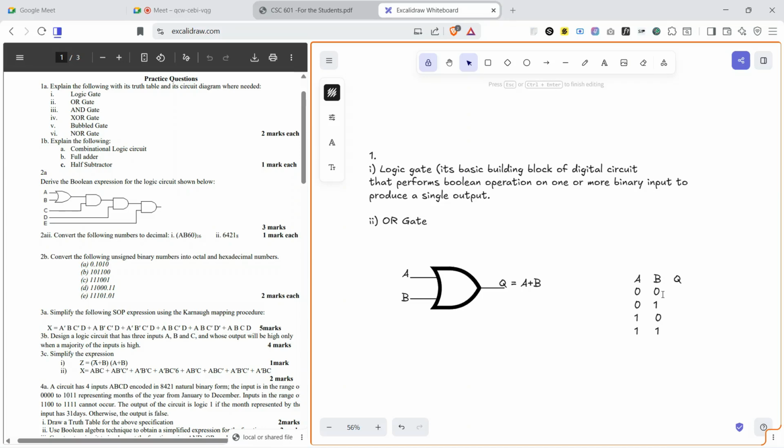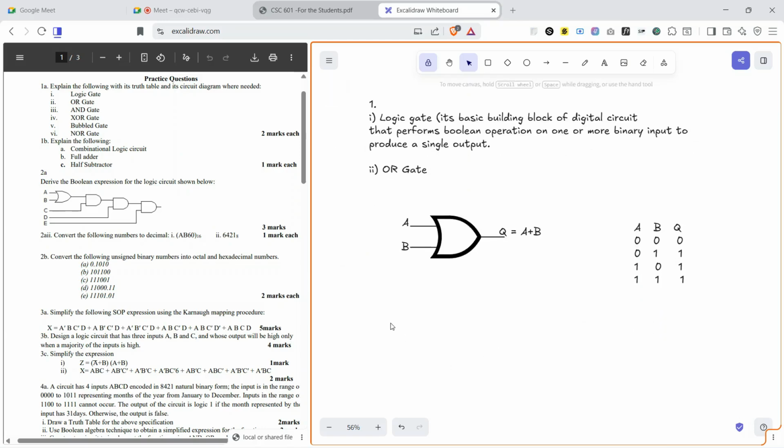For this, both are 0, so this is going to be a 0. You know, for OR gates, it only needs one of the inputs to be 1 before we have a 1. So one of them is 1, which is the B, so it's going to give a 1. This one too, A is 1, so this is going to give a 1. Both are 1, so this is going to give a 1. So this is an OR gate. This is what an OR gate looks like.